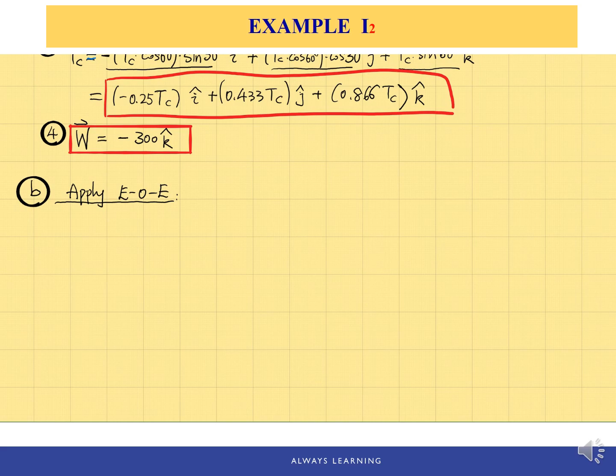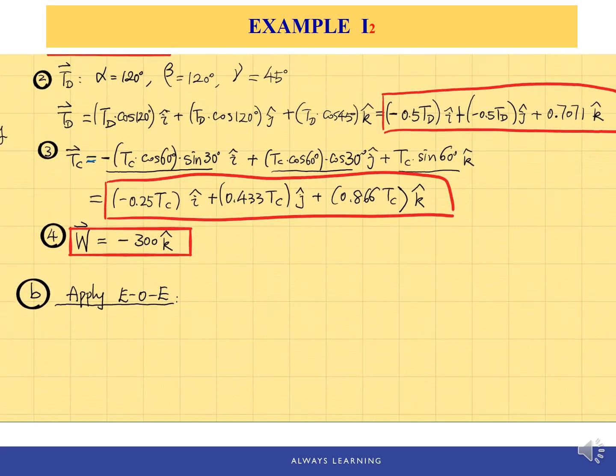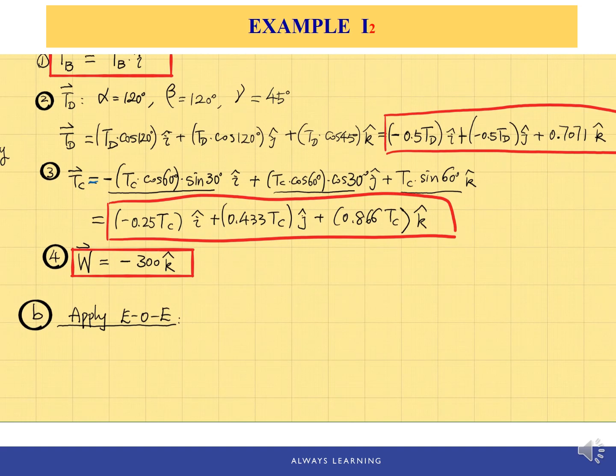So to make things easier, I'm going to put the coefficients or the components into a pair of parentheses for you to see more easily. So this is the force TB. We have i hat is TB, right? The x component is TB, y component 0, and z component is 0 as well.